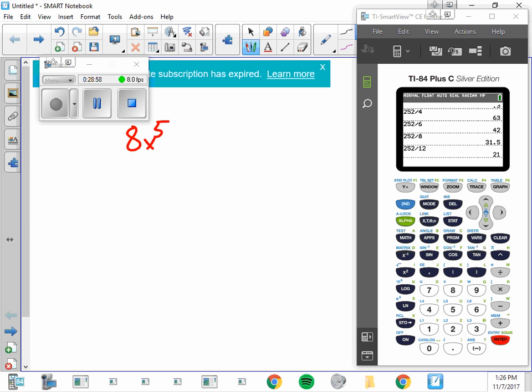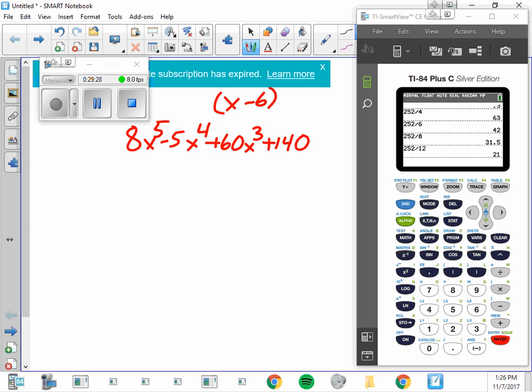8x to the 5th minus 58x to the 4th plus 60x to the 3rd plus 140. And I want to test x minus 6. I have to be careful in this case. How come? With division, leading coefficients don't matter.